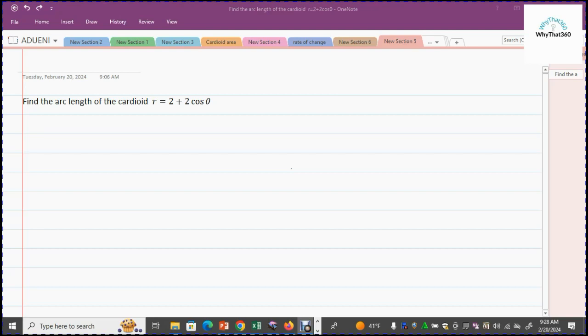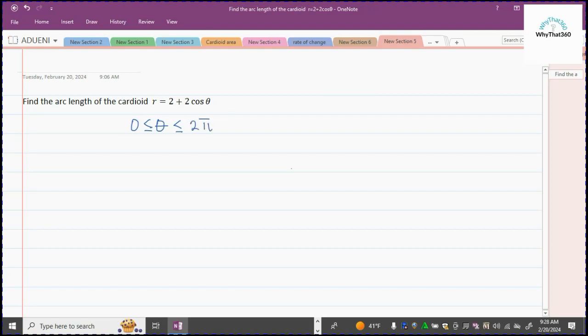To find the arc length of this equation, the first thing we need to know is the parametric interval, and as you know, for the full length of the cardioid, it will be given at the interval theta is between 0 and 2 pi, so 0 is less than or equal to theta, which is less than or equal to 2 pi.